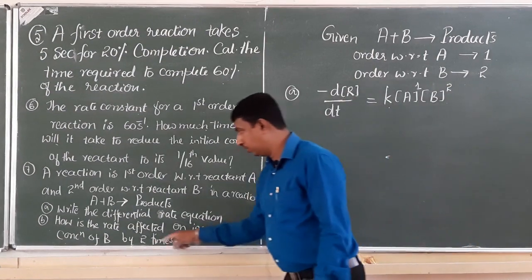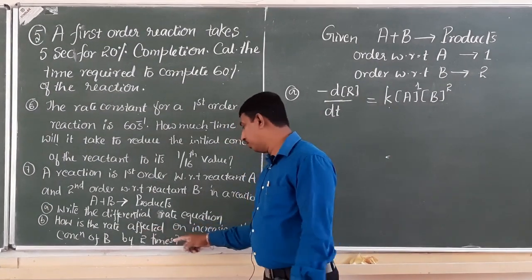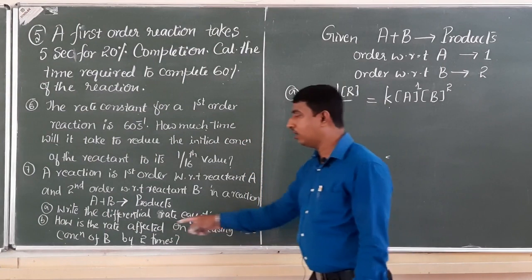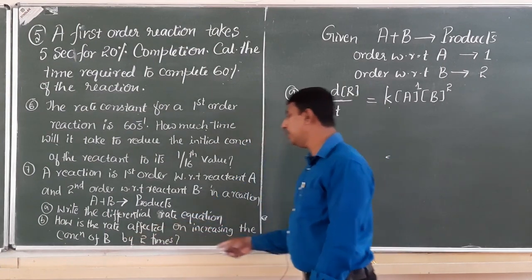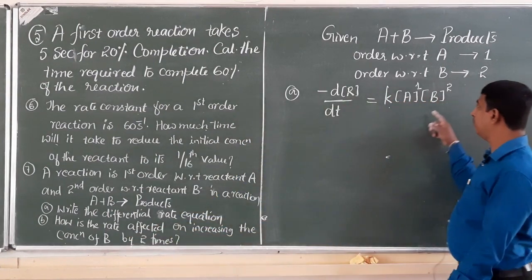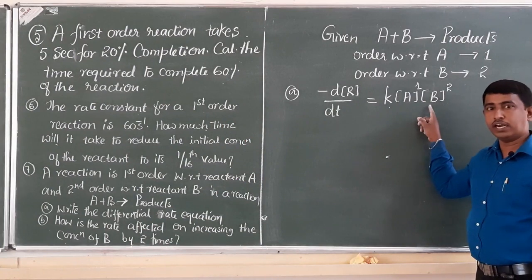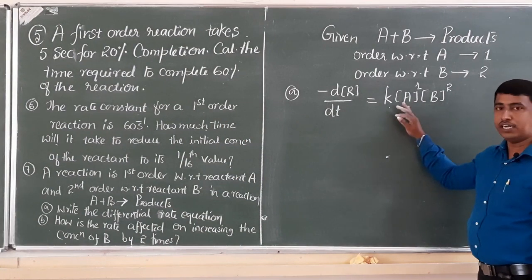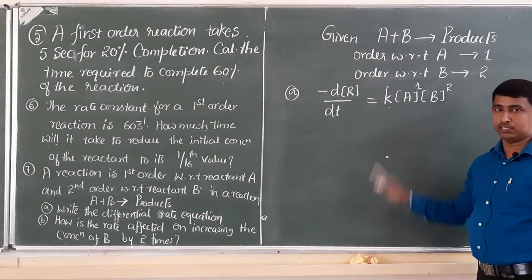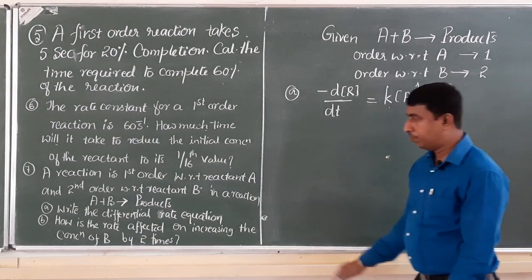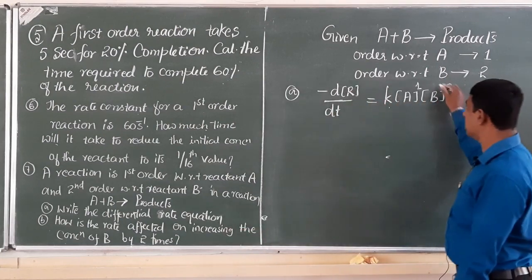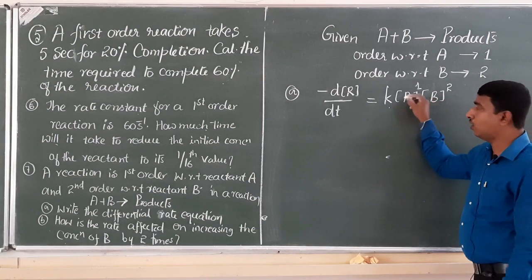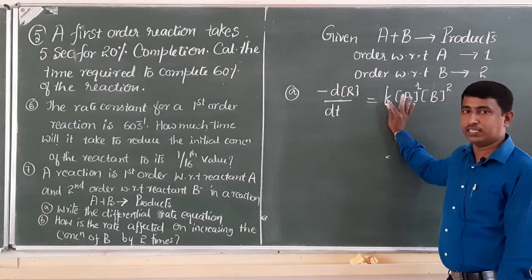What is the second question? How is the rate affected on increasing the concentration of the reactant B by 2 times? So they are varying only the concentration of reactant B. Concentration of A is kept as it is. Read the question properly. Only the concentration of B is varied, the concentration of A is retained as it is.